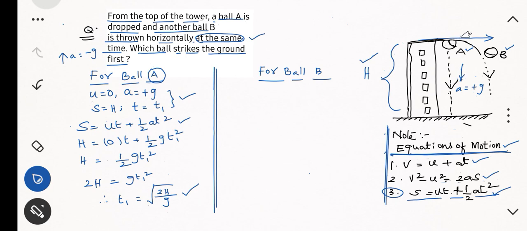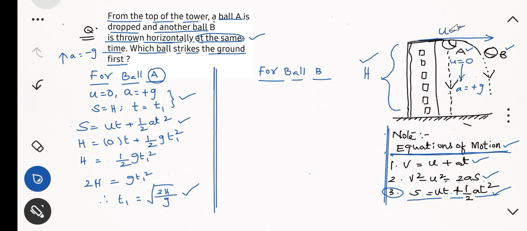And for the ball which is thrown horizontally or projected horizontally, let us say u is the velocity required in order to project the ball. For a freely falling body, there will be no initial velocity, so u is equal to 0.